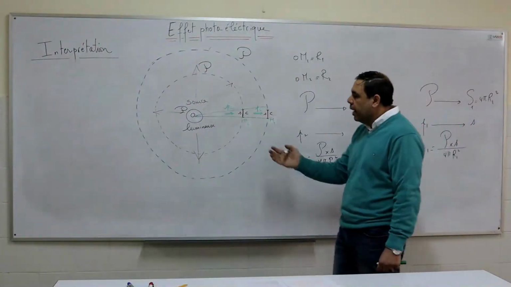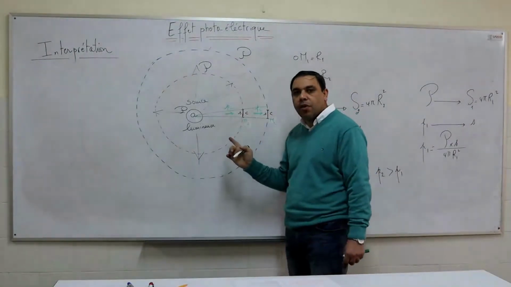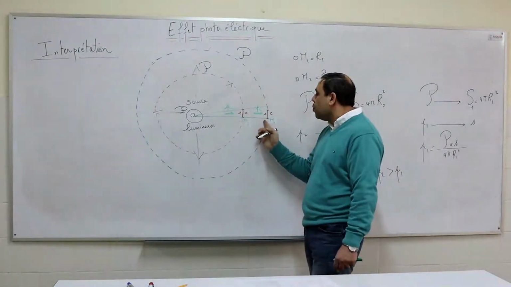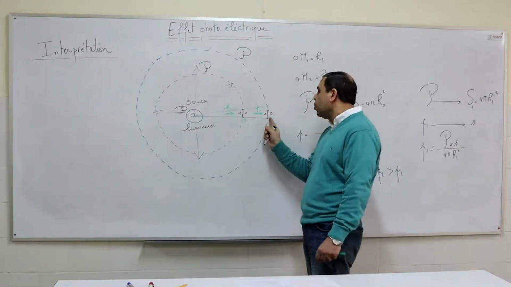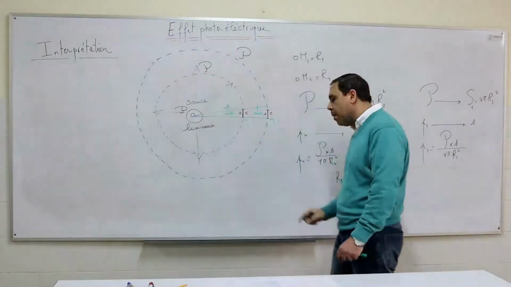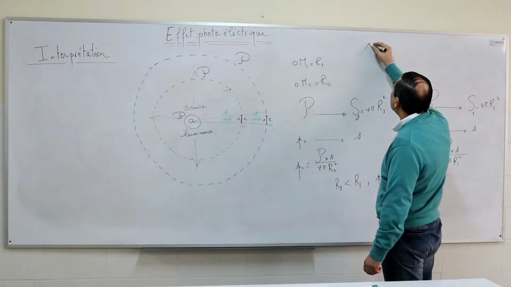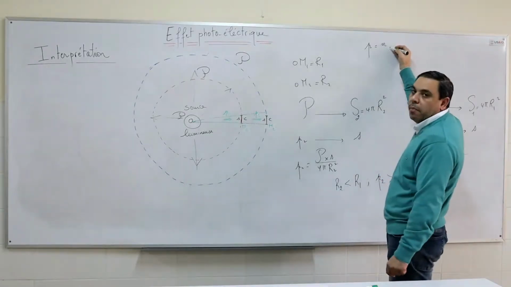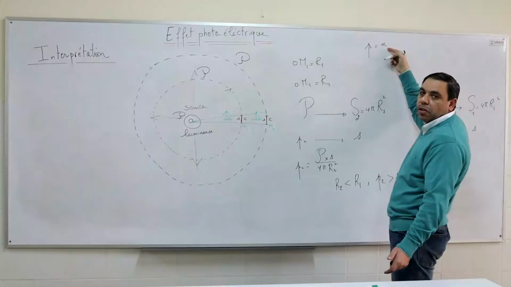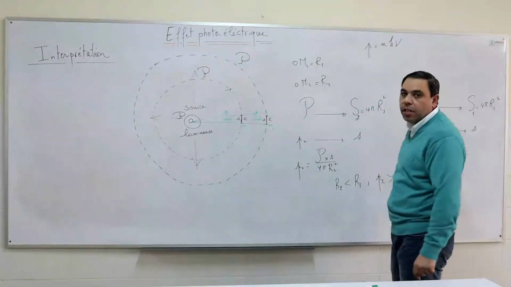The power received by the cathode when in M2 is greater than the power received by the cathode when placed at M1. On the other hand, we know that the received power is equal to the number of photons received by a certain area per second multiplied by h nu.